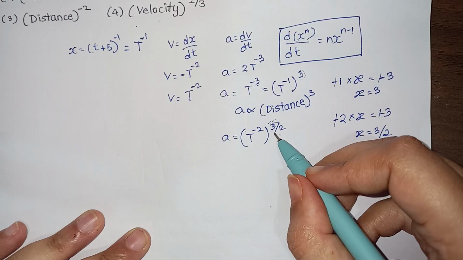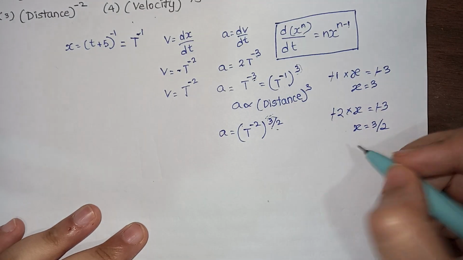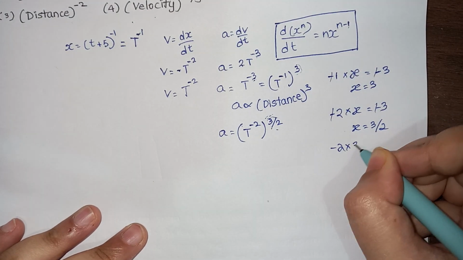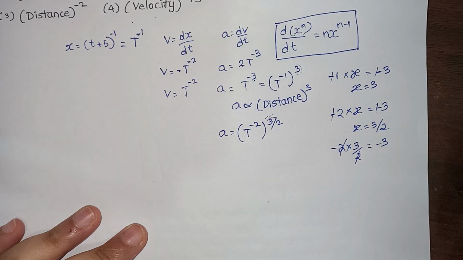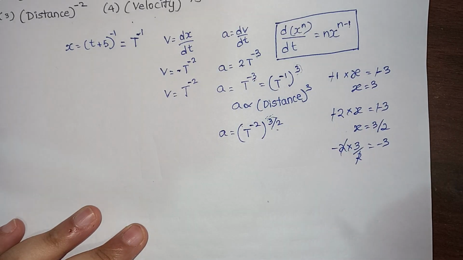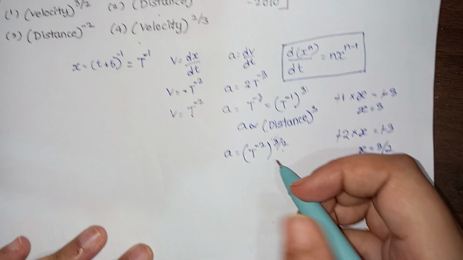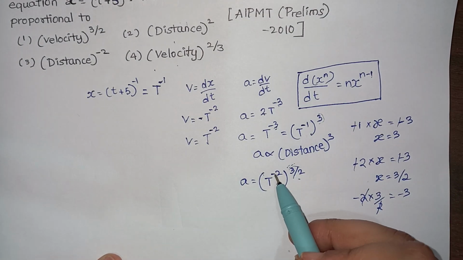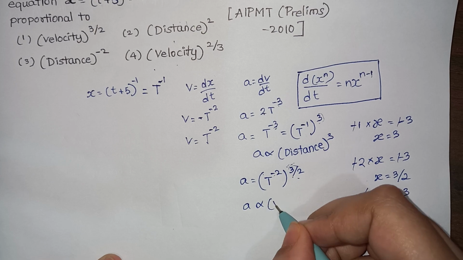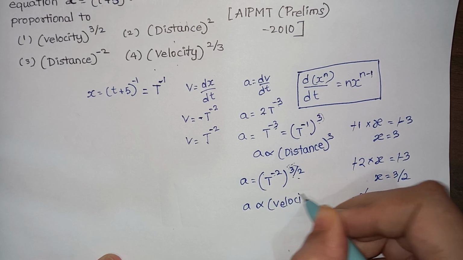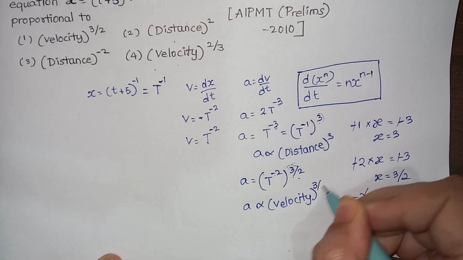So that's what I multiplied here. Even if you see, minus 2 into 3 by 2, 2 gets cancelled, you get minus 3, which is for the acceleration. So velocity is nothing but T power minus 2. So acceleration is directly proportional to velocity whole power 3 by 2.